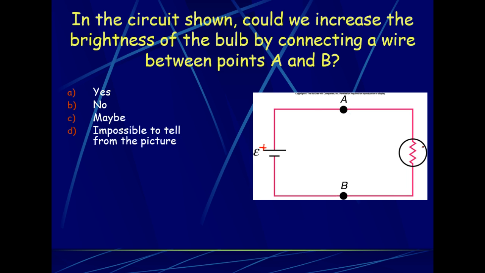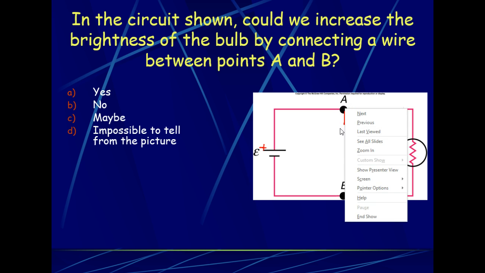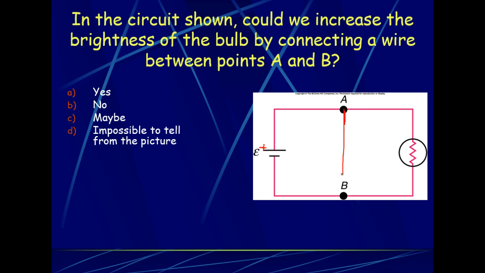So the question is, we have a light bulb connected to a battery. If we put a wire just from point A to point B, do we increase the brightness of the light bulb? Well, our current is going to get to point A and it's going to have an option. It can either go down to go straight to point B, or it can go to the right and go through the light bulb.